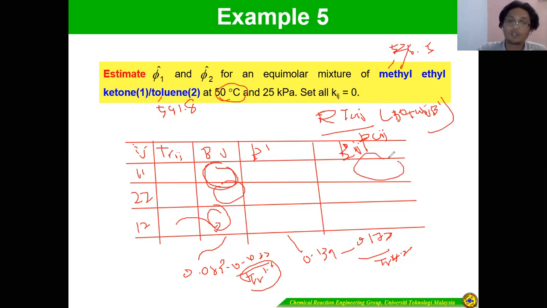So you can calculate this one. For component 11, it is R TC11 divided by PC11 times B naught plus omega 11 B prime. This also applies for TC22 and TC12, so you can calculate all the components. Please calculate, guys. Are you done? Hope you can calculate.